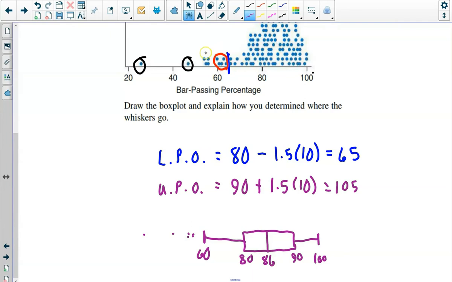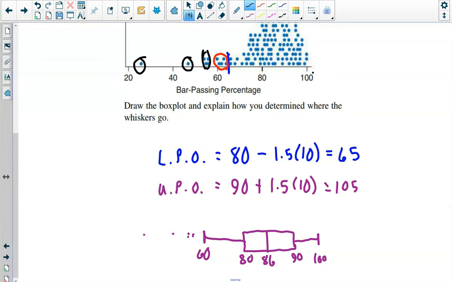Again, these are subjective. Maybe you want to consider them a part of the data. Maybe you don't. That's going to be your call. But again, this is multiple choice, so you'll be able to know what's going on when you look at the multiple choice answers. You're not actually going to be drawing this all by yourself. But I did it on here just to kind of talk about things that are going on.